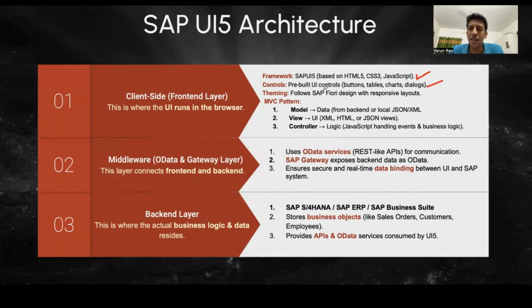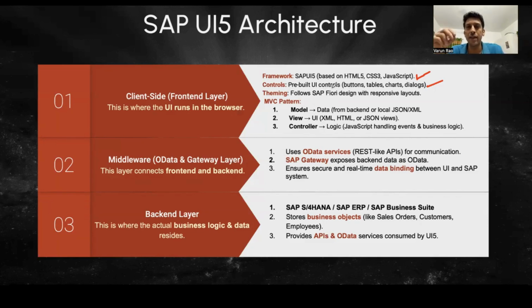Then you have theming. As I said, SAP has a couple of themes available. You don't have too many themes to choose from, but as compared to 3 or 4 years back, we have a couple of diverse themes available. They're completely different from each other, and they are good on the eye. So theming is also available.